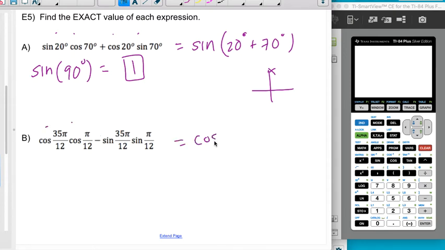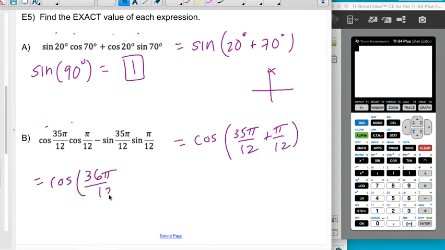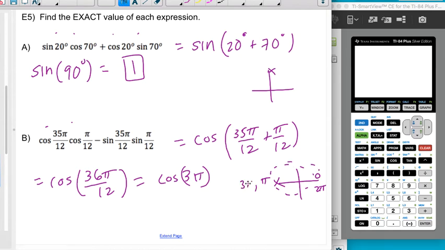So this is the cosine of 35 pi over 12 plus pi over 12. Well, that's the cosine of 36 pi over 12, or the cosine of 3 pi. Well, 3 pi is right here, because this is 0 pi, 1 pi, 2 pi, 3 pi. So that's right here, which means I get a negative 1.